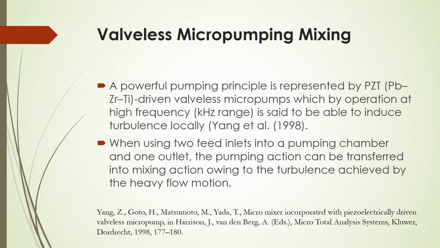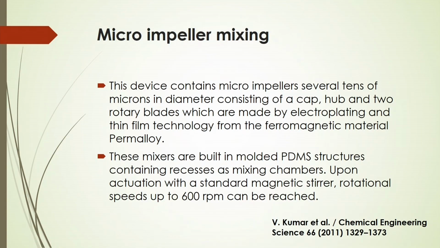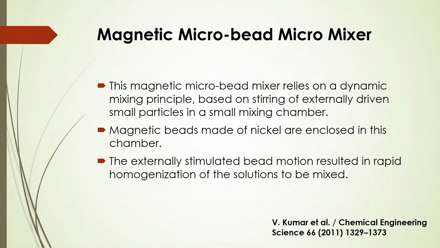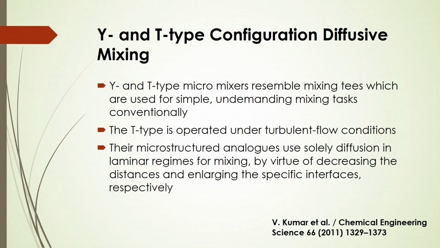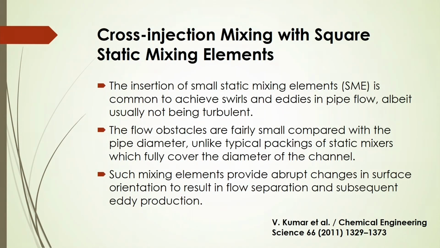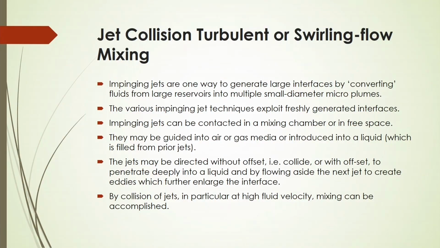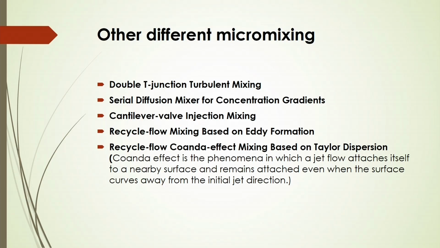Other different types of micromixing include valveless micropumping, micro impeller mixing, magnetic micro-bead micromixer, Y and T type configuration diffusive mixing, and cross injection mixing with square static mixing elements, jet collision turbulent or swirling flow mixing, double T junction turbulent mixing, serial diffusion mixer for concentration gradients, cantilever valve injection mixing, recycle flow mixing based on eddy formation, and recycle flow Taylor dispersion mixing.